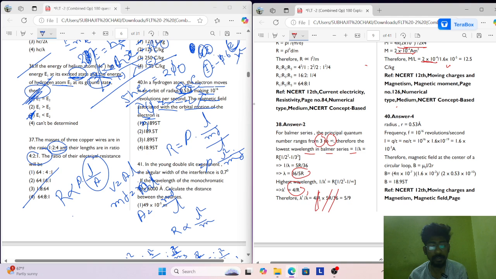How to calculate T? F equals 1 by T. Therefore, T will be 1 by F, meaning 10 to the power minus 16. So, Q is 1.6 into 10 to the power minus 19 divided by 10 to the power minus 16. Therefore, it will be 1.6 into 10 to the power minus 3. This what?